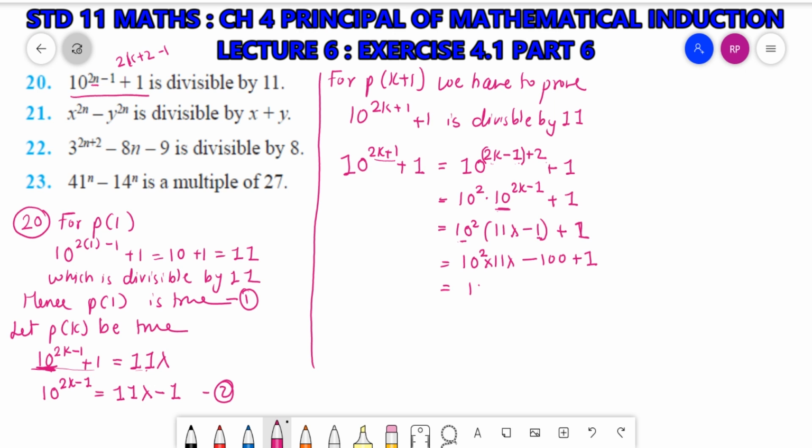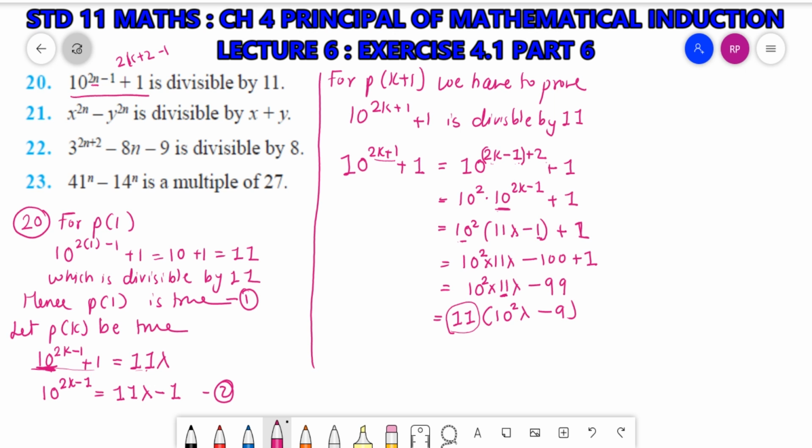So this will be 10 square into 11 lambda minus 100 plus 1, that is minus 99. So now I can take 11 common. So it will be equal to 11 times (10 square lambda minus 9), because I had taken 11 common.